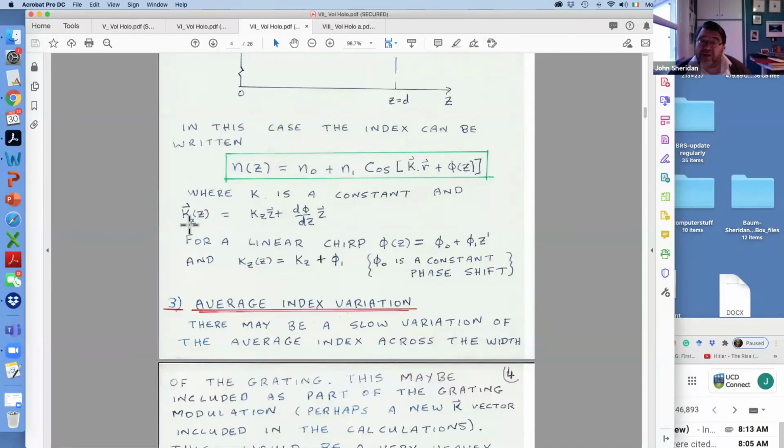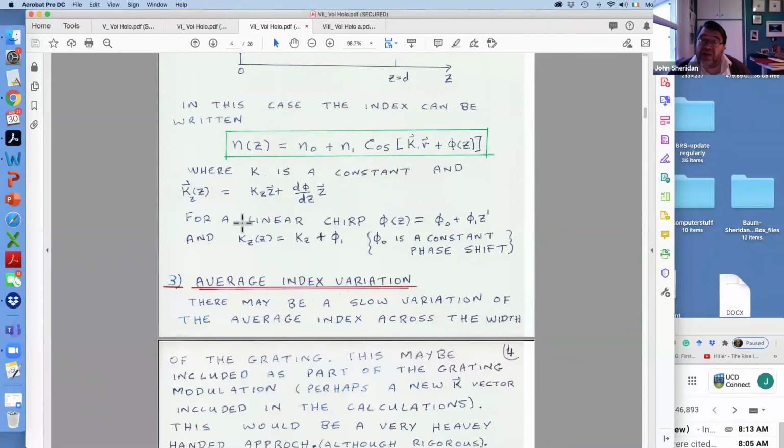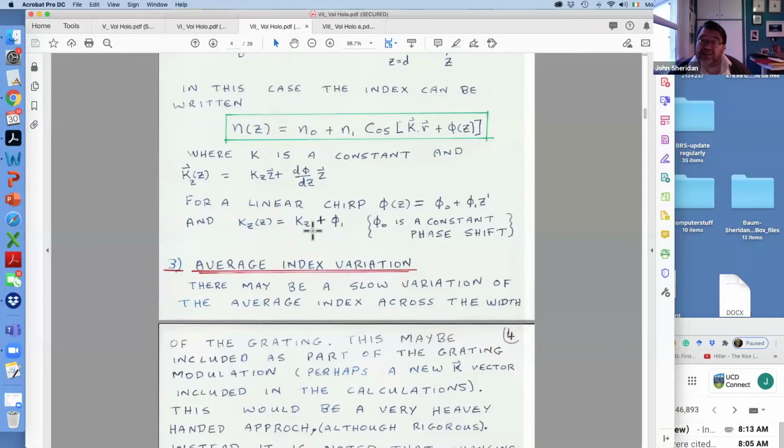So our grating vector at any point in Z is given by this DC, our average value, plus the rate of change of phi with respect to Z times this unit vector in Z, because we've got this relationship between phase and frequency. For a linear chirp, this phi of Z is phi 0 plus phi 1 times Z. It's linearly varying, and our grating vector is going to be Kz plus phi 1, this modulation of the phase. And this phi 0 will be a constant phase shift.